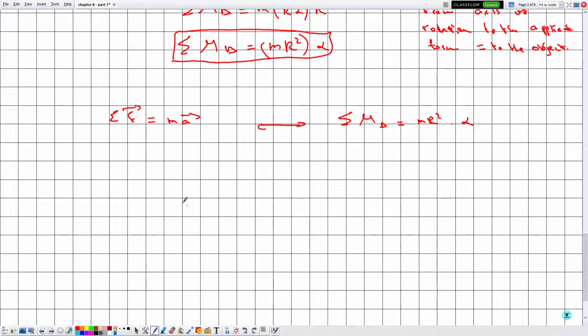Now, the force is in analogy with the moment around an axis delta. The acceleration is being compared with the angular acceleration, which is alpha. Although they are not the same, let me make clear they are not the same.